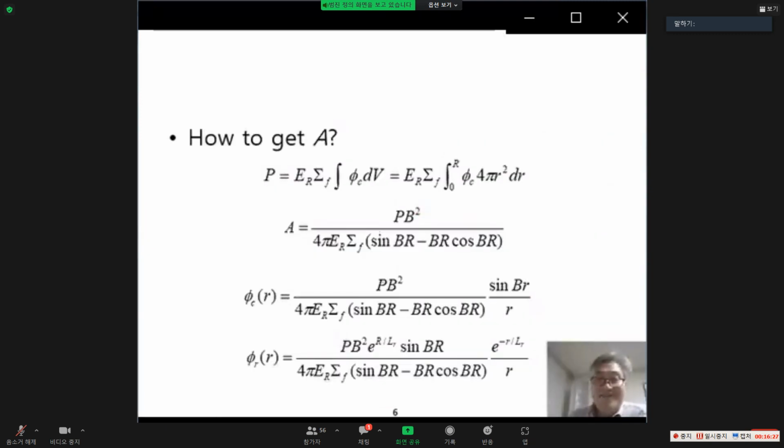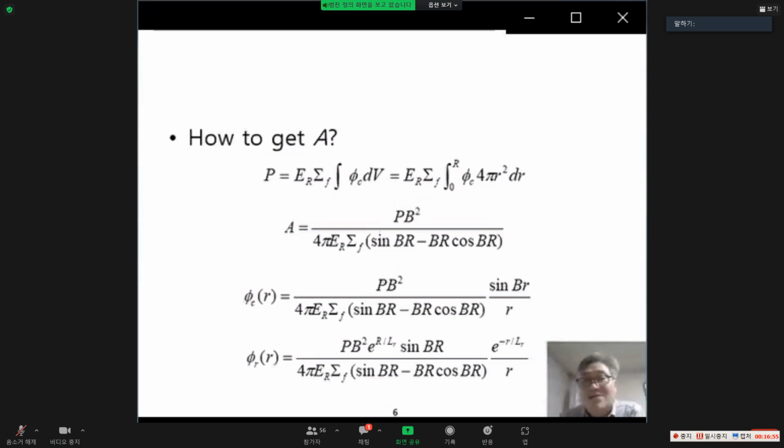Again, from the power level. In the reflector region, we don't have to know the flux, because the reflector region doesn't produce power. So we need phi c, the core flux. The value of A can be calculated from the power.